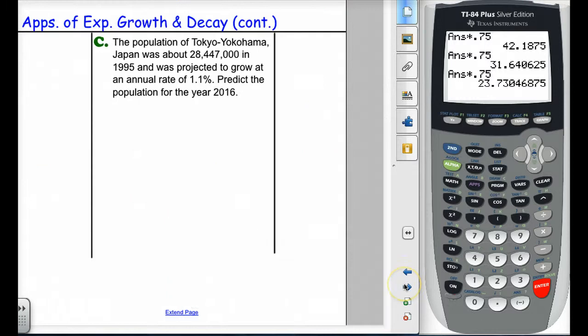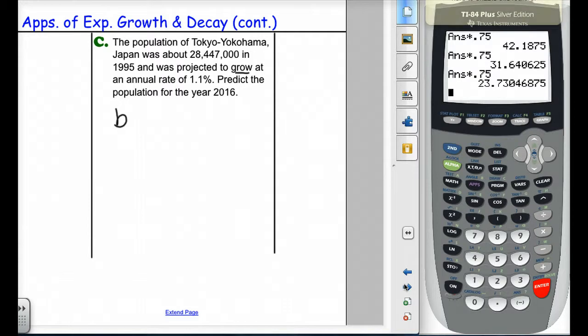Now the next type of problem. We have the population in Tokyo, Yokohama, Japan was about 28,447,000 in 95 and was projected to grow at an annual rate of 1.1%. Predict the population for the year 2016. So first thing we need to do is come up with our b value.